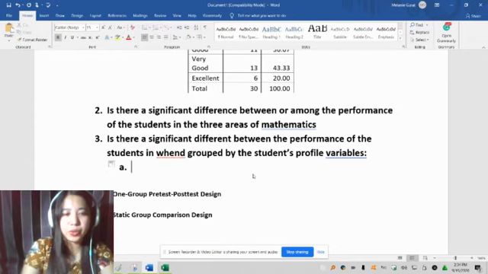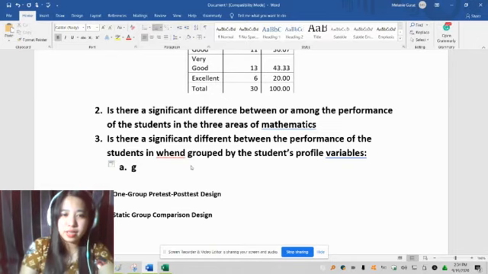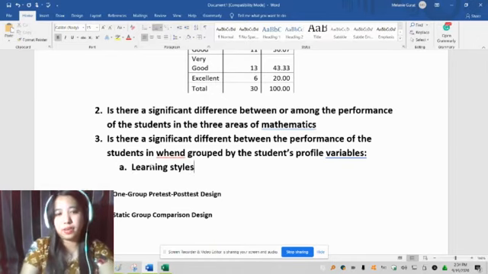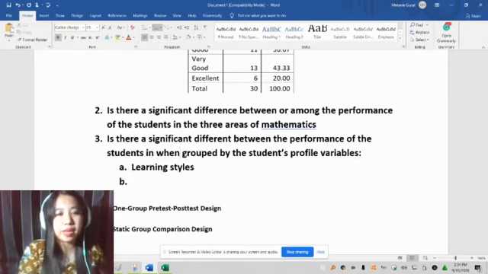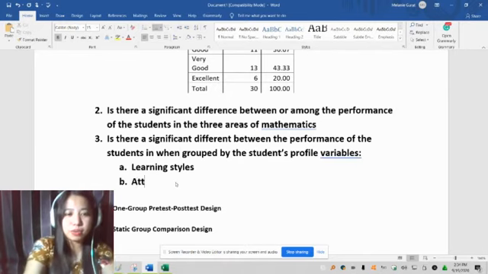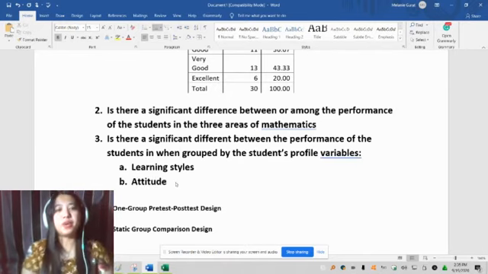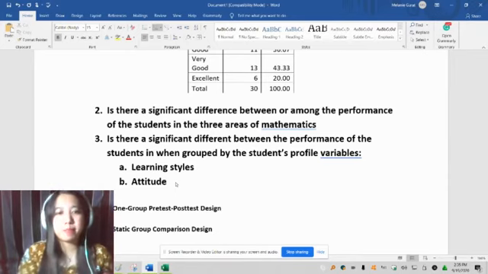Letter A, so it can be that the variable that you consider is, let's say, their learning style, or what else can possibly affect the performance in mathematics. It can also be their attitude and all other profile variables about your respondent.